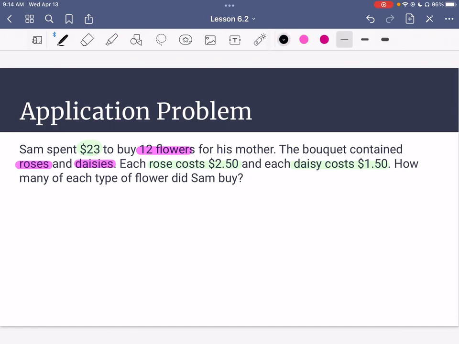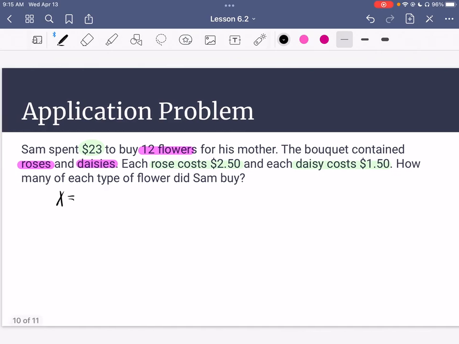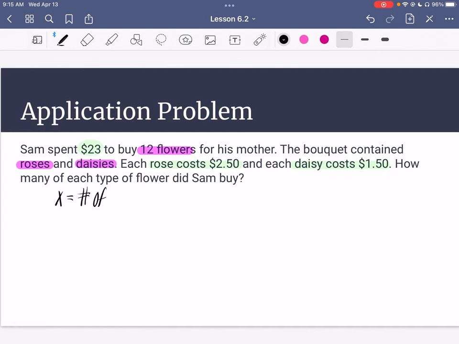Okay, so we need to know how many of each type of flower he bought. Those are going to be our variables. So first, let's go ahead and define those. I'm just going to call them x and y just for consistency's sake. So let's call x the number of roses that he bought, and then we're going to let y be the number of daisies.